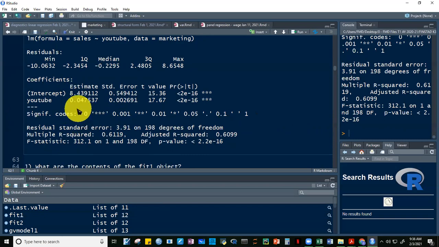This means that for every $1, assuming na dollar yung YouTube, no? For every $1 increase in YouTube, there's a corresponding $0.047 million, kung million yung sales natin, in sales. Ceteris paribus. Ibig sabihin, all things being equal.